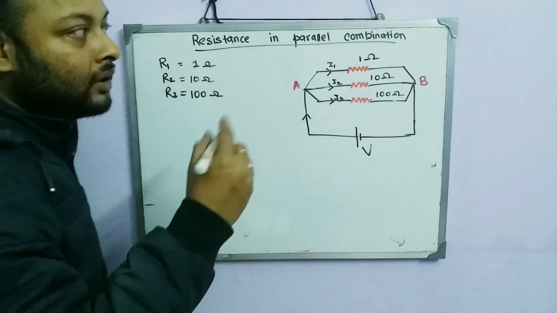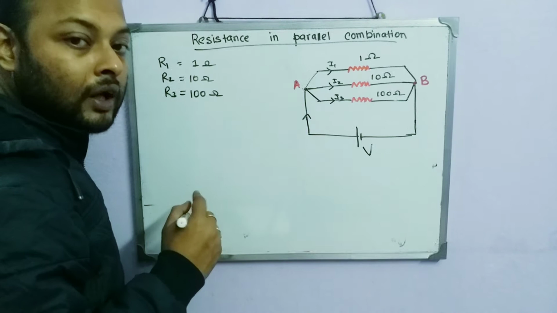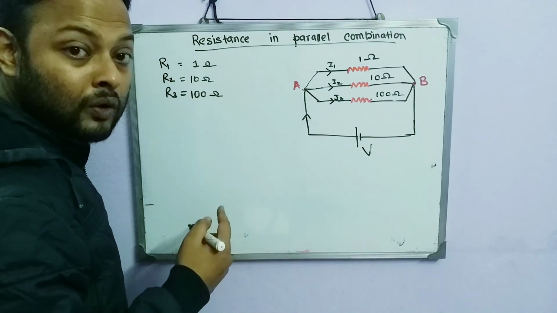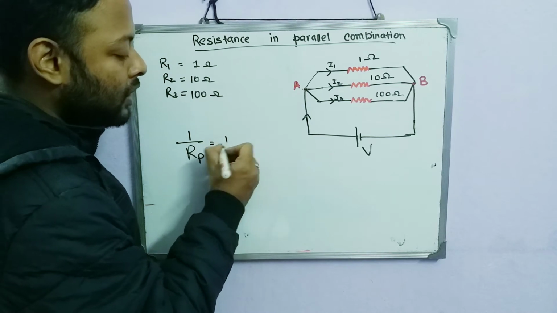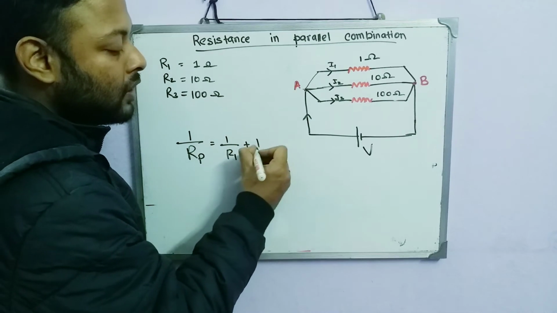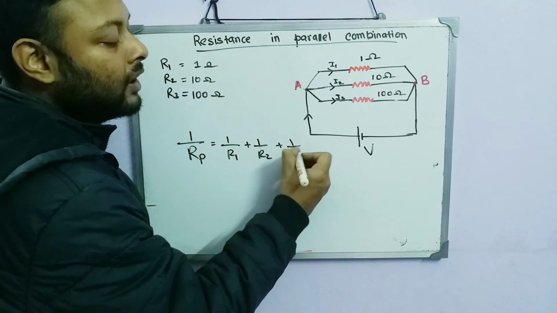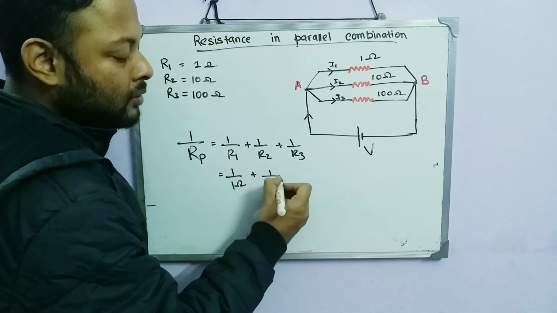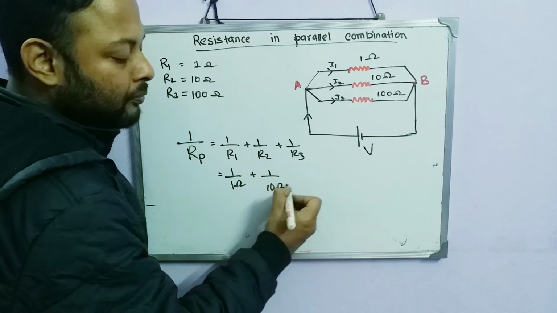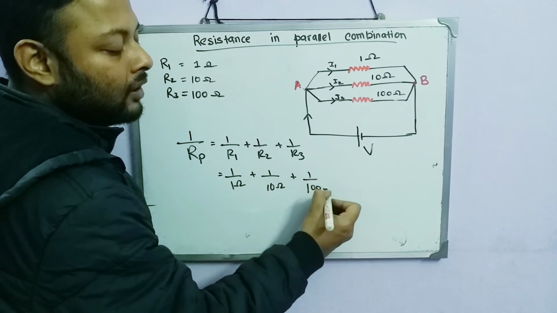So how to calculate the equivalent resistance? I'll use the formula that I have just found out: 1 by Rp is equal to 1 by R1 plus 1 by R2 plus 1 by R3. So it becomes 1 by 1 ohm plus 1 by 10 ohm plus 1 by 100 ohm.